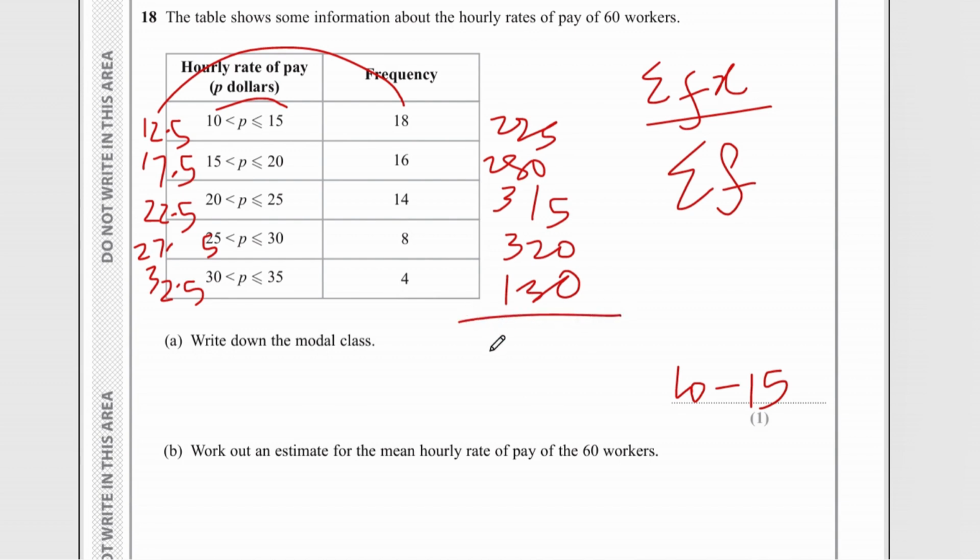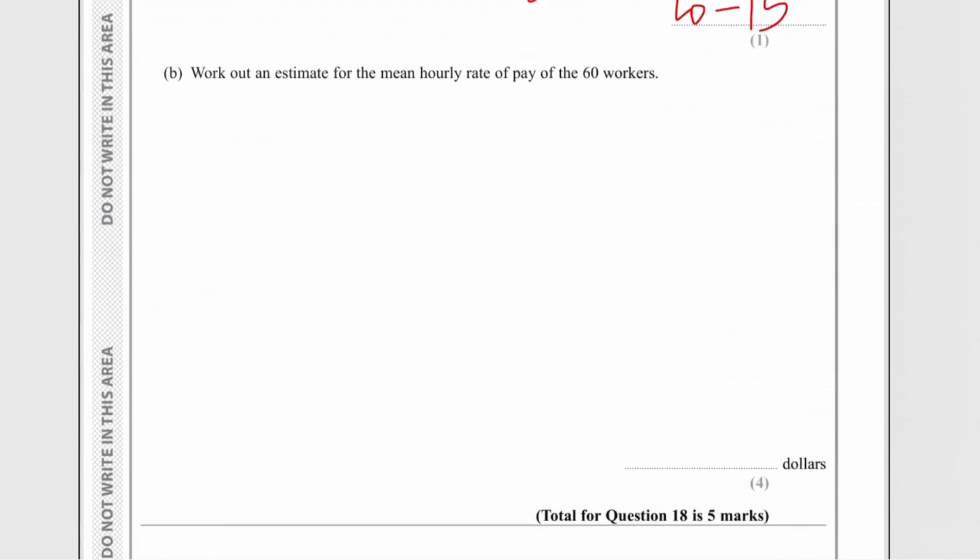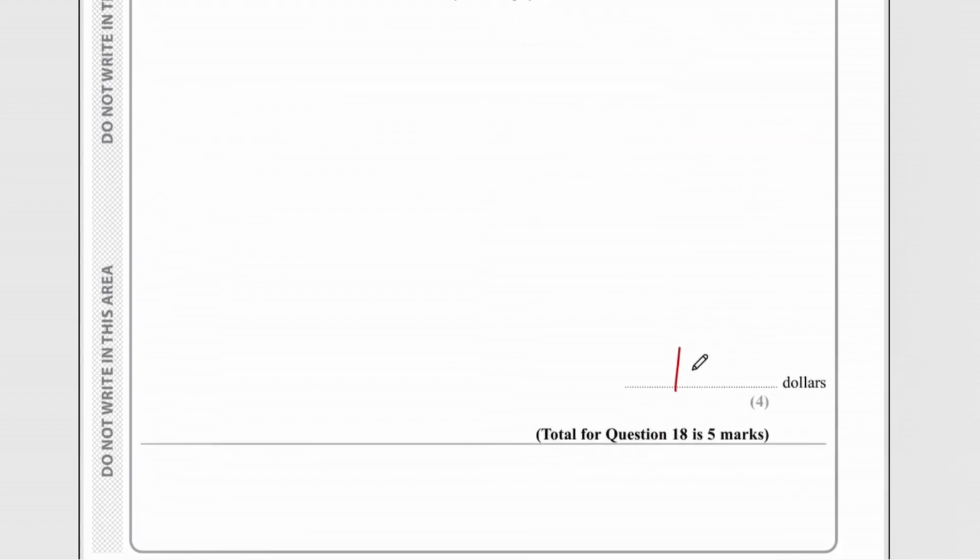This is fx. When you add it together, you have 1170, and add the frequency together to get 60. So you divide: you take 1170 and divide it by 60, and that gives you 19.5.